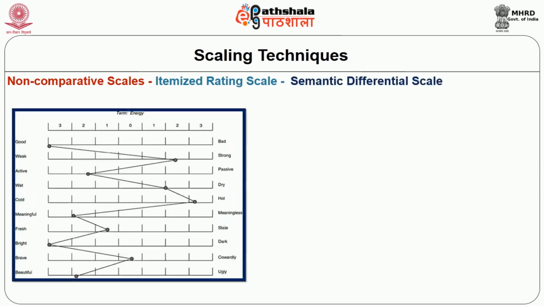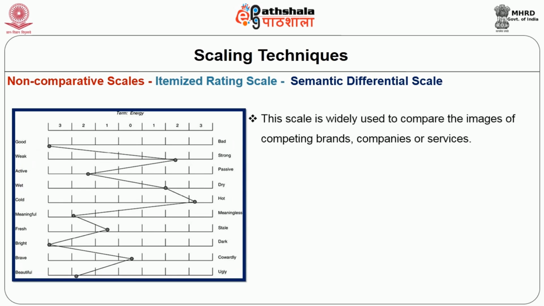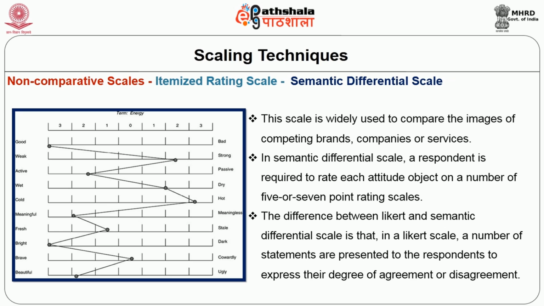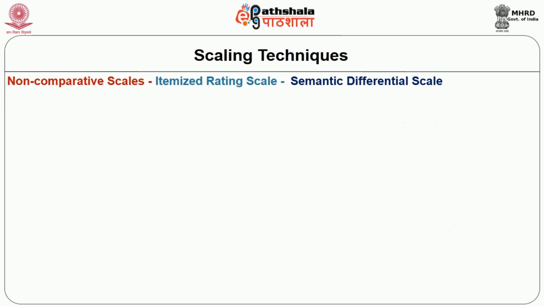Next is semantic differential scale. This scale is widely used to compare the images of competing brands, companies or services. In semantic differential scale, a respondent is required to rate each attitude object on a number of 5 or 7-point rating scales. The difference between Likert and semantic differential scale is that in Likert scale, a number of statements are presented to the respondents to express their degree of agreement or disagreement.